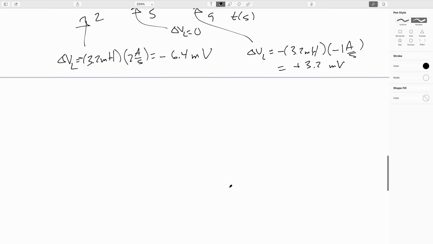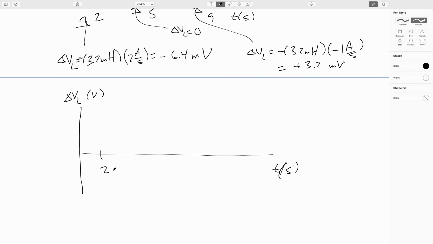Alrighty, so we can go ahead and plot that. So voltage across the inductor in volts, time in seconds. Our intervals again were 0 to 2, 2 to 5, and 5 to 9. So this will be minus 6.4, in millivolts.